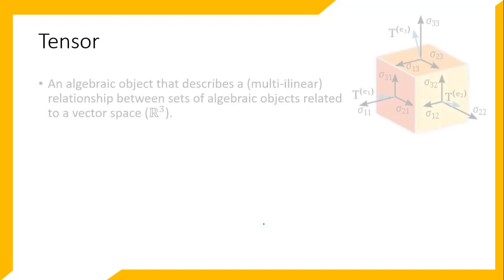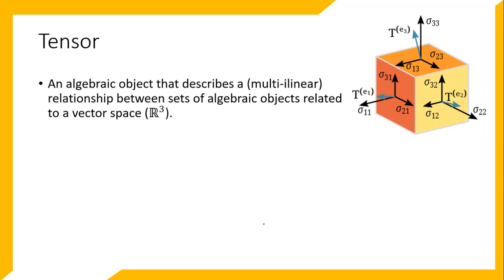In the light of this, let us analyze what a tensor is. I have said a vector is a first order tensor. So tensors are nothing but vectors which have an extra dimension. I have to explain a tensor as an algebraic object which has a multilinear relationship between sets of algebraic objects related in a vector space.